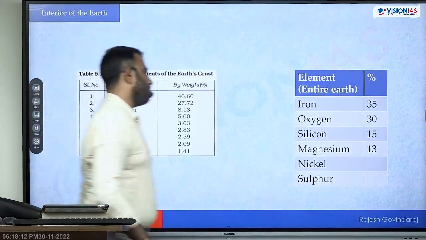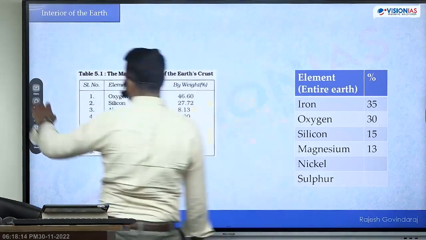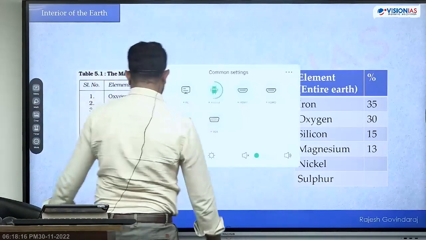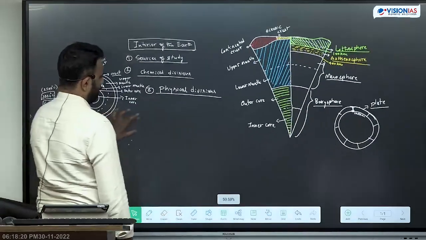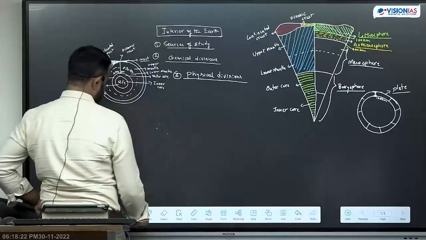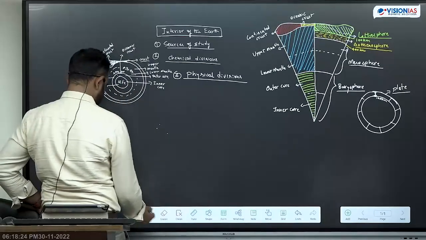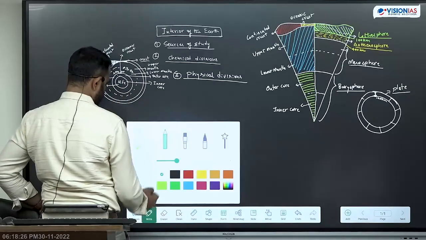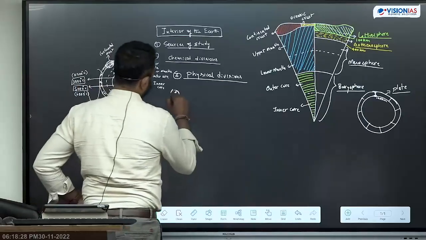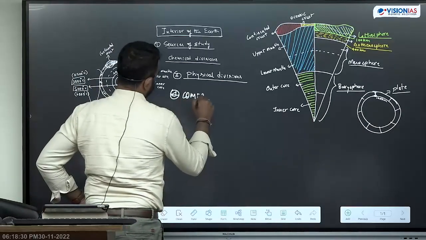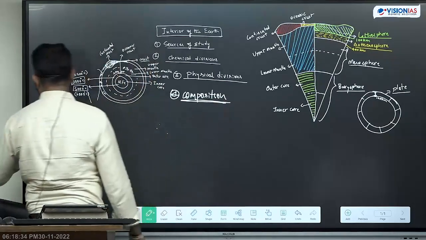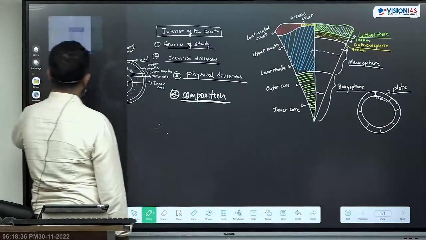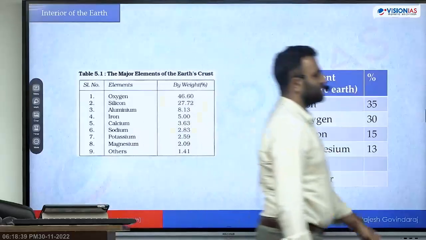Next, composition. That is what exactly the earth is made up of.